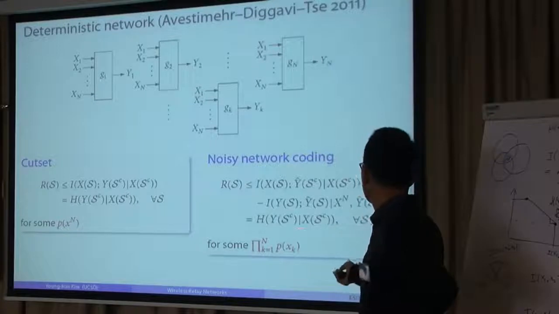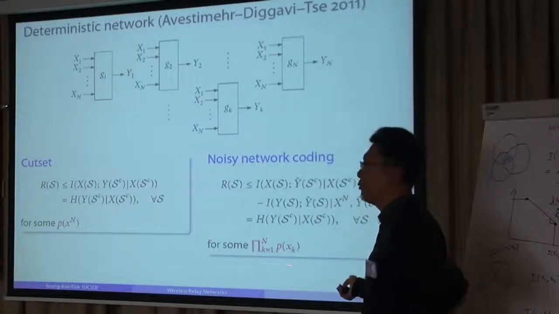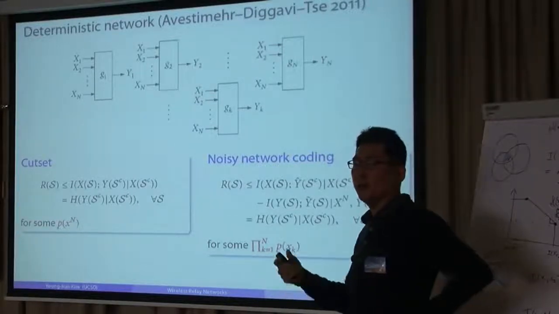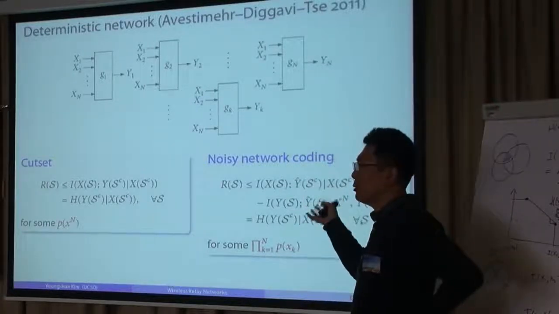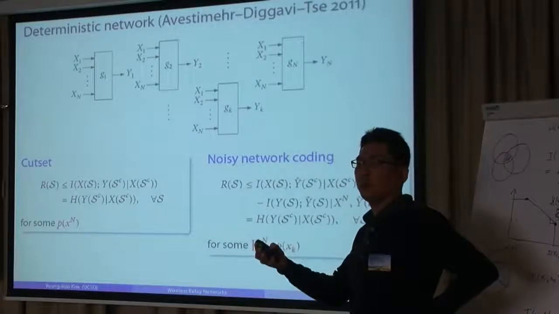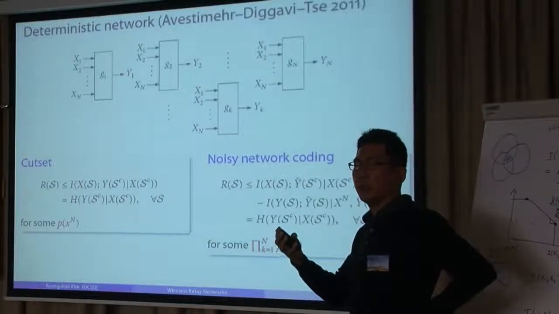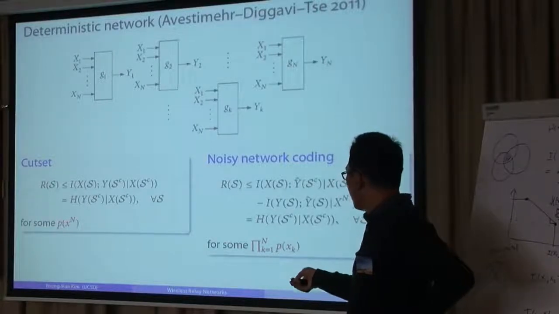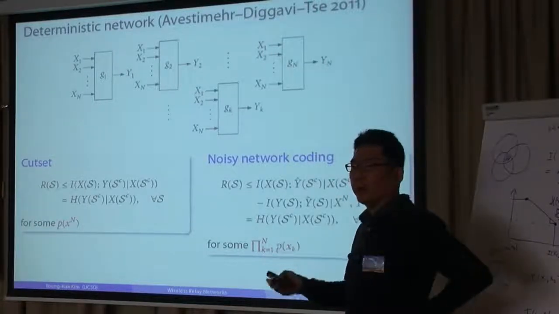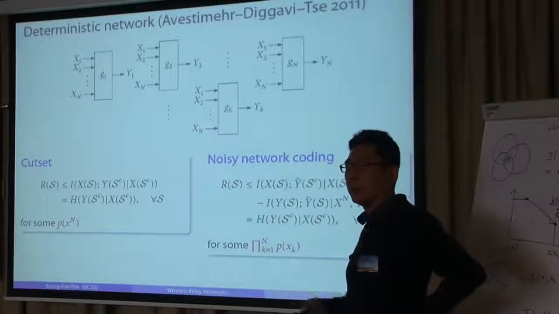So I get the same conditional entropy, except that here I have to take the product distribution instead of the joint distribution. So as long as the network has a special structure, some sort of symmetry over its alphabets, then the optimization over joint distribution will be the same as optimization over product distribution, and therefore we have established the capacity region.